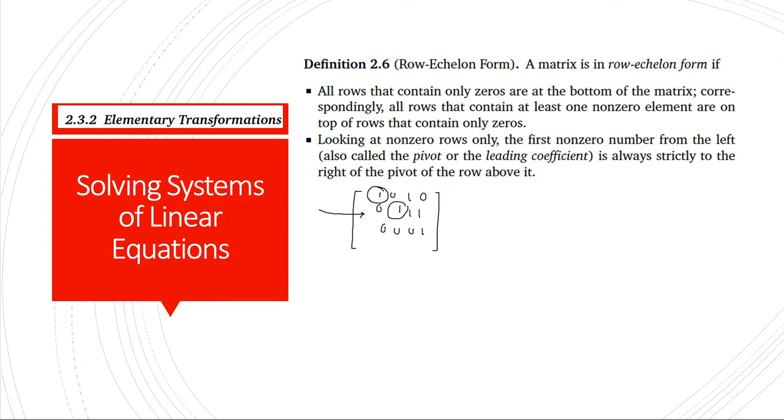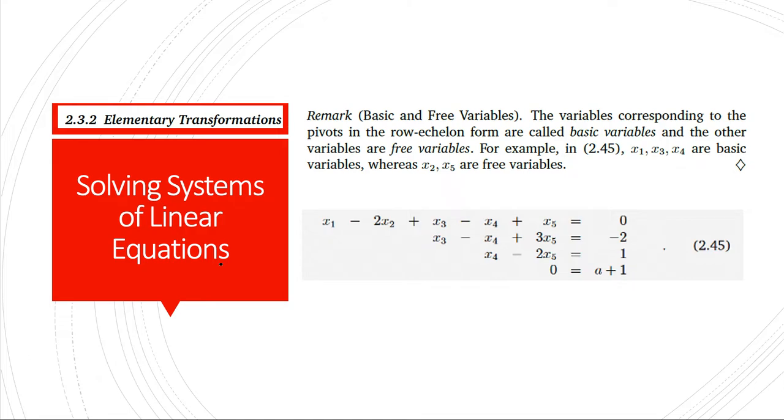Right. So what is a basic and free variable? By having the row echelon form, we can identify what is basic and what is a free variable.